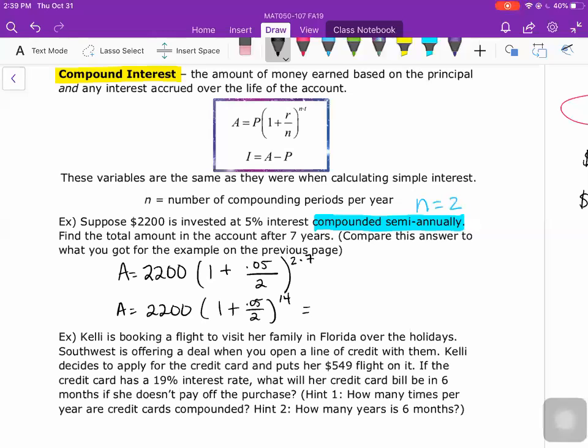Katrina, on your calculator, do you have a caret for your exponent key? Like a little up arrow? No, I have the X and then the little box. Yep, so you're going to press that one. Everyone else is going to put the caret. And then we're going to type 14. You don't need to close any parentheses, and just hit equals.